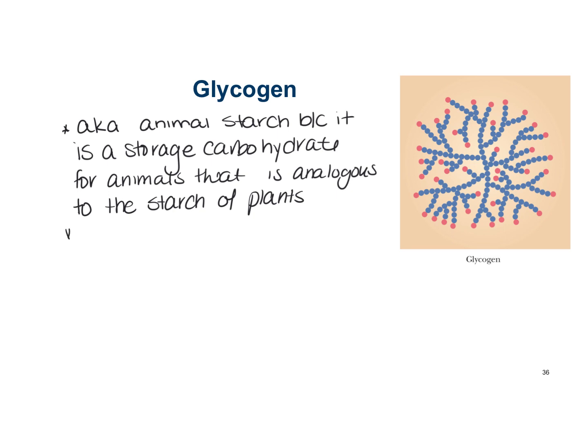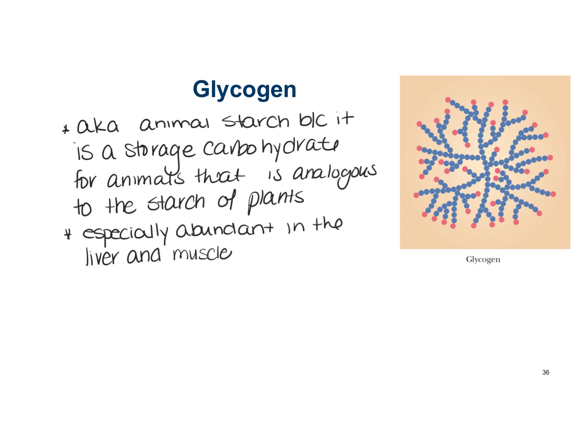It's especially abundant in the liver and the muscle, right? Where we have excess glucose taken in by the animal and stored for future use.